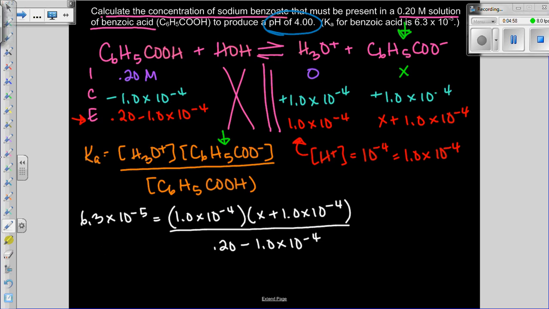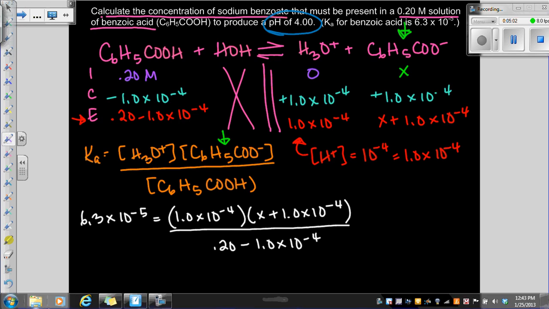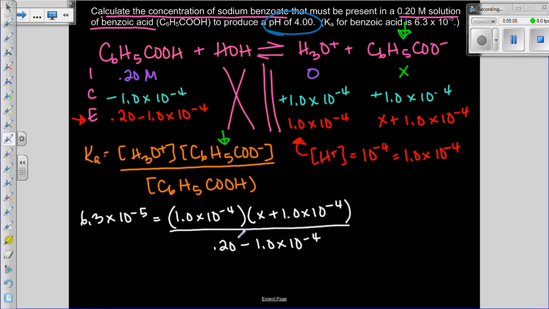Okay, so now I need to solve. So I'm going to do 0.2 minus 1 times 10 to the negative fourth. That will give me 0.1999. I'm going to take that times 6.3 times 10 to the negative fifth, and I get 1.259 times 10 to the negative fifth.